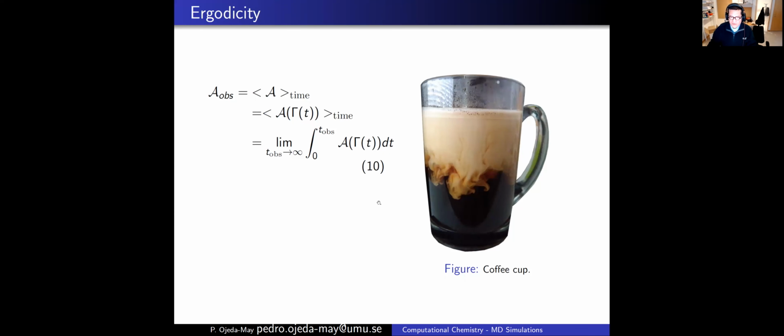This theorem is based on the idea of equilibrium. And here I put a picture of my coffee cup. Of course, this idea is based on equilibrium, and this cup is not in equilibrium. But what I meant with this picture is that the system that we are simulating should be large enough, right?